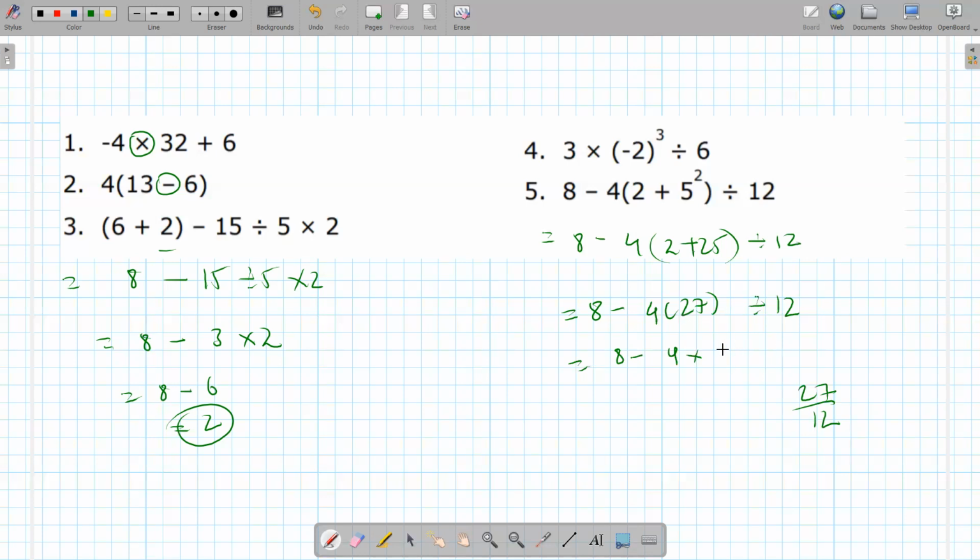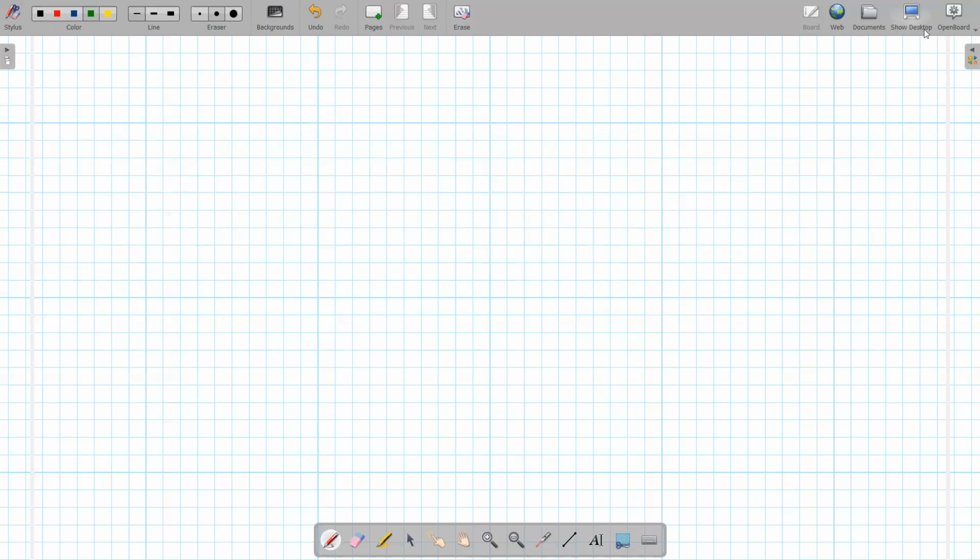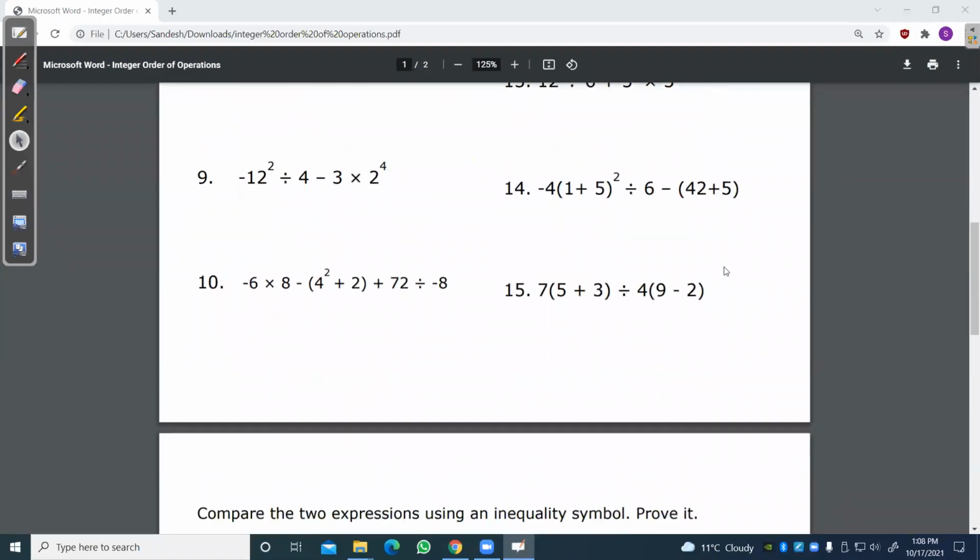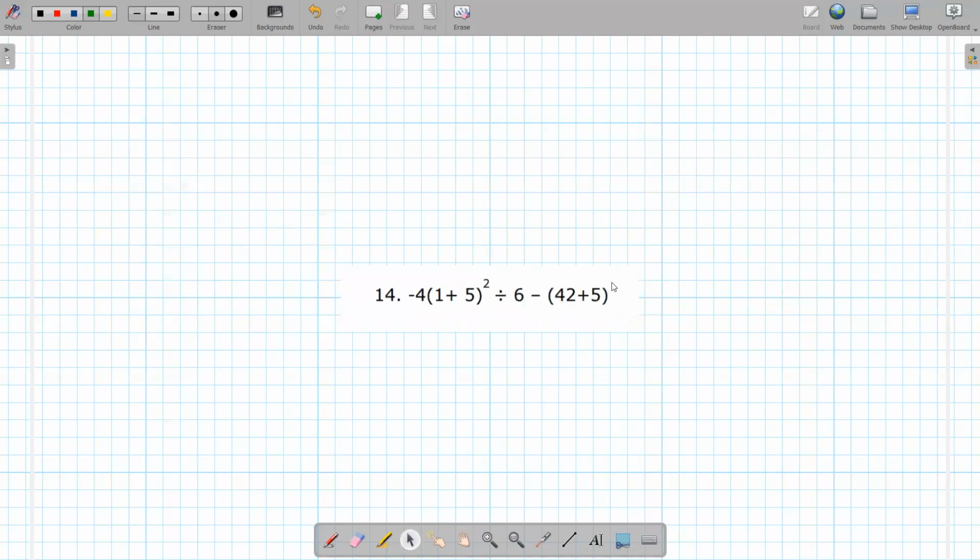Yeah, so 27 divided by 12 becomes 9/4, okay? Now what happens? Does anything cancel out? The 4. Yeah, exactly. And then we just get 8 minus 9, which is -1, and you're done. Okay. Let's just do 1 or 2 more of these, and then we're going to move on to something else.